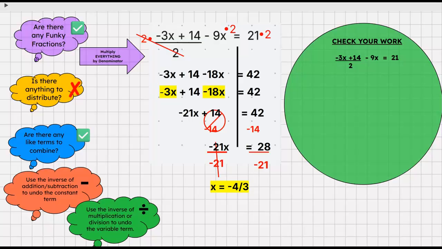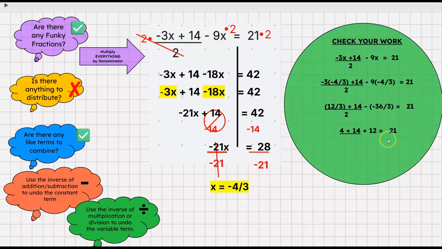So we have negative 3x plus 14 all over 2 minus 9x equals 21. If we plug negative 4/3 in, we will have negative 3 times negative 4/3 plus 14 all over 2 minus 9 times negative 4/3 equals 21. This ends up being 12 over 3, which, guys, that's 4, plus the 14, minus negative 36 over 3, which is 12.